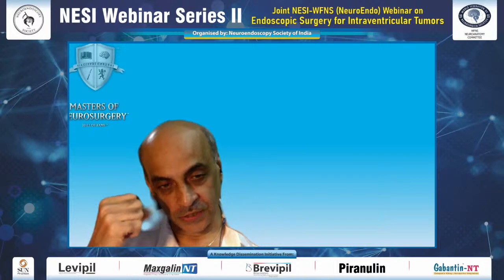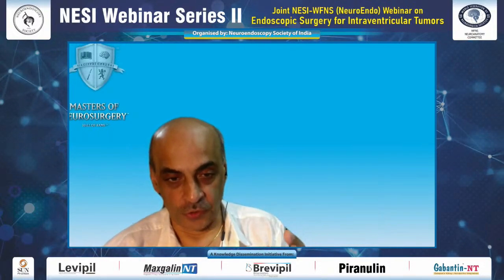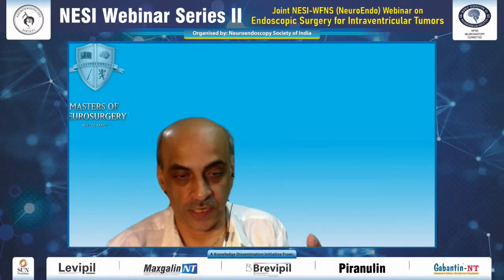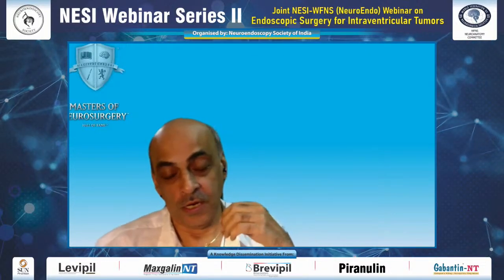My question is, when I use microscope, I have control on my instruments. I can move the microscope here and there. I can extend my incision here and there, and I can control bleeding, which can be difficult on occasions.